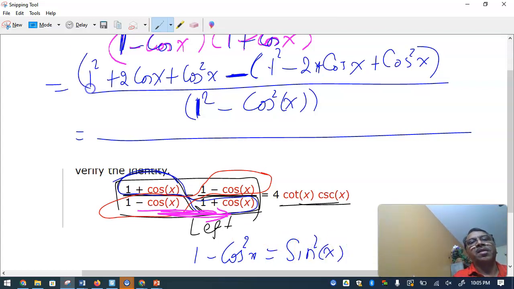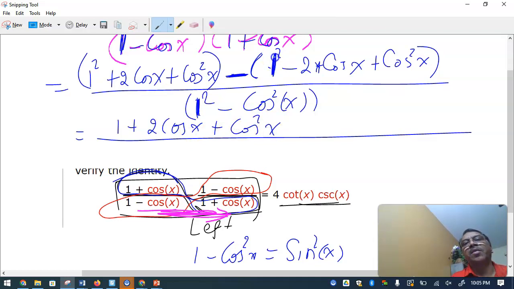Now let's write this exactly the same. This stays the same, but this will be 1 square is 1, but because of minus, I put minus. This minus will change to plus, and this plus will change to minus.